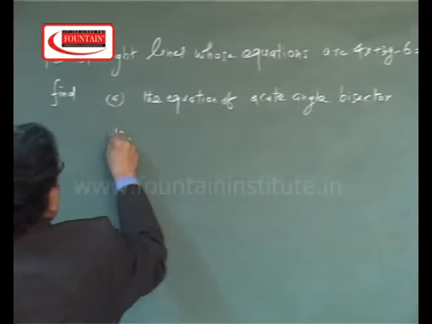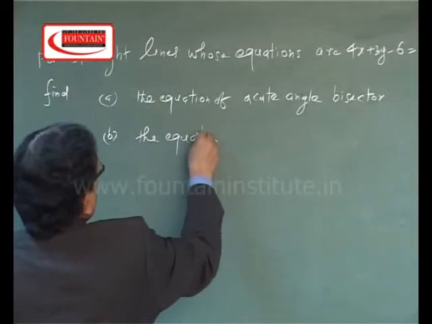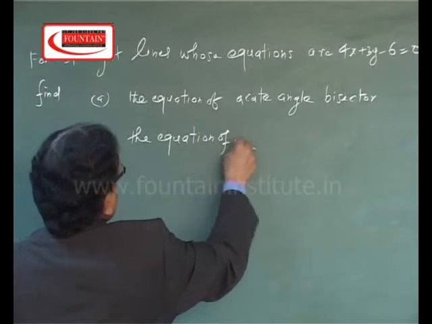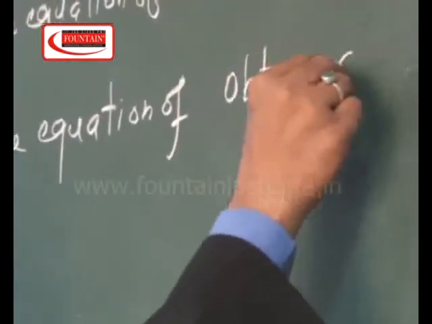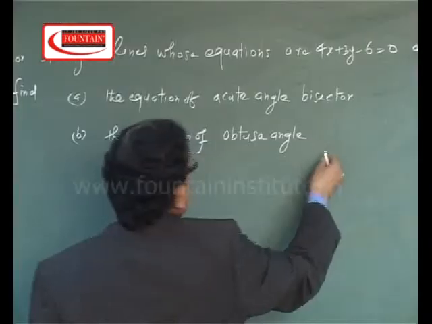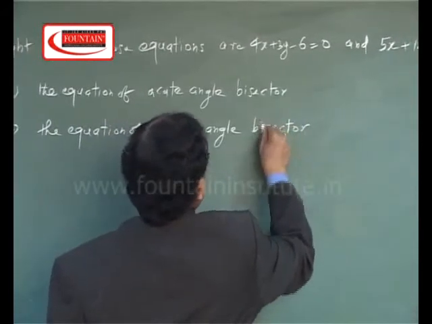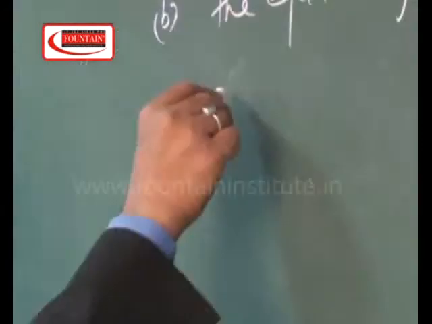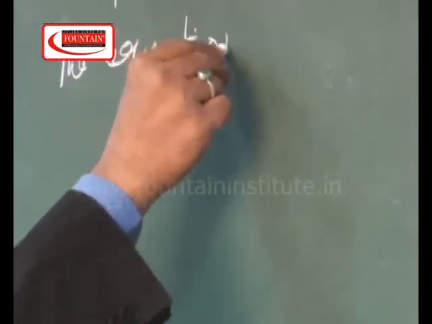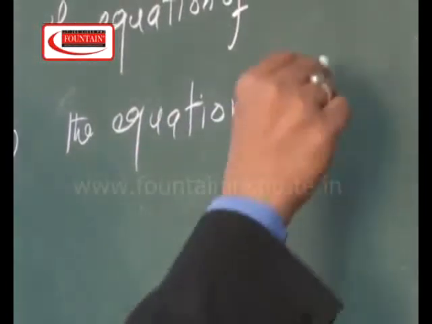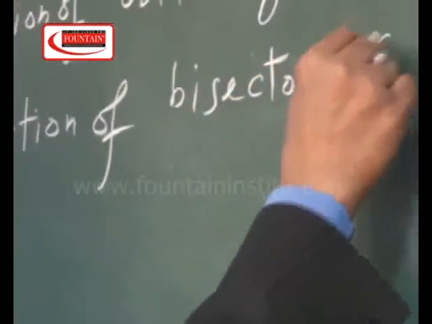Second part is the equation of the obtuse angle bisector. Third part is the equation of the bisector containing the origin.